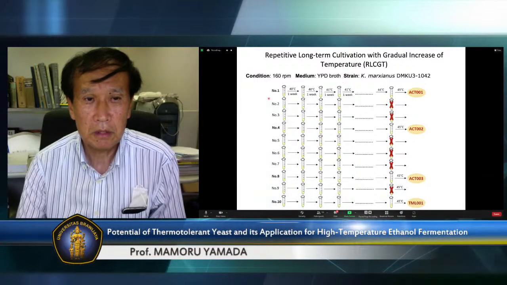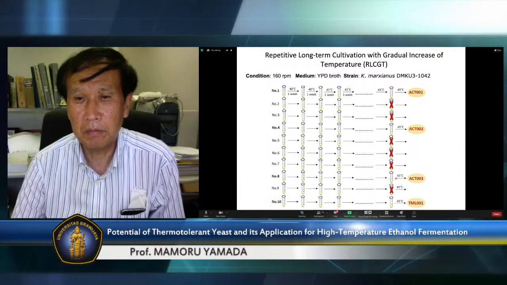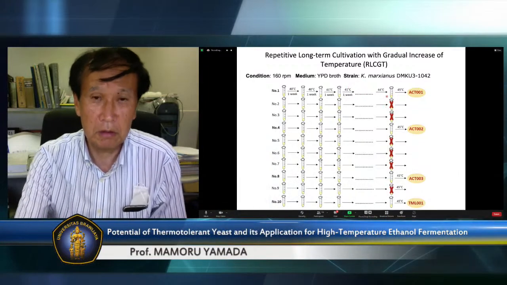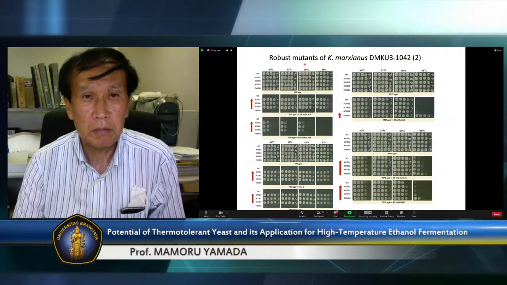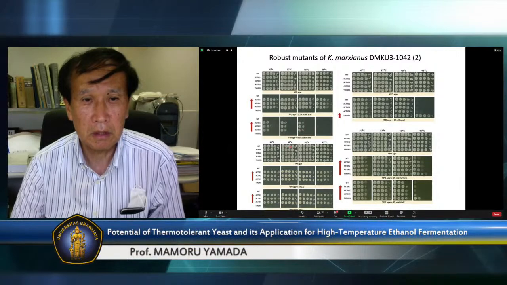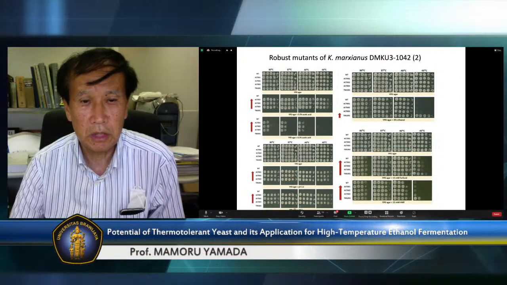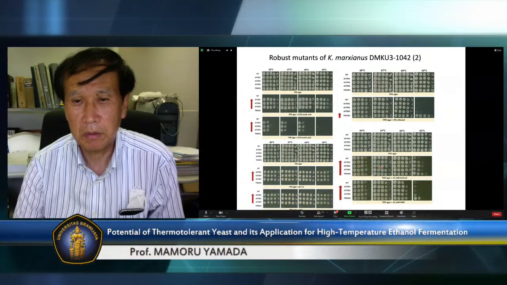We tested 10 tubes and obtained 4 mutants, so very efficient. The obtained mutants show resistance to acetic acid, low pH, and also ethanol and furfural, hydroxymethylfurfural.